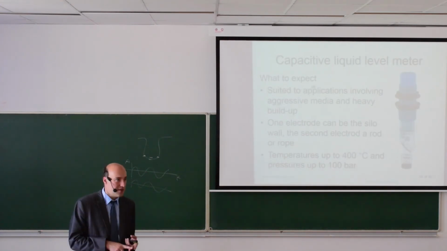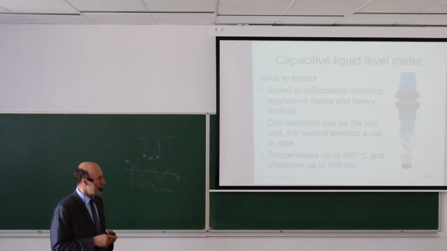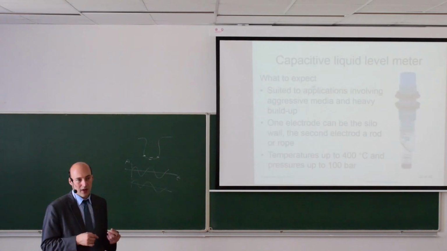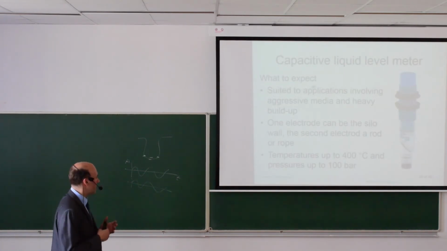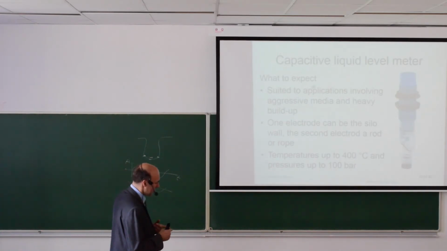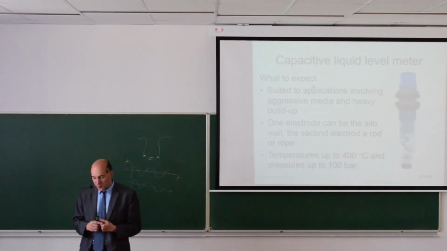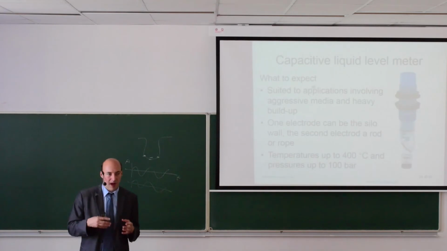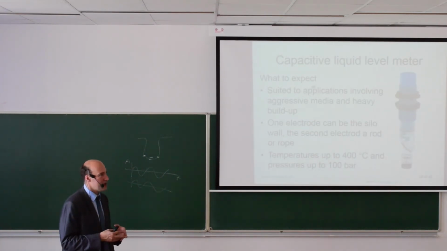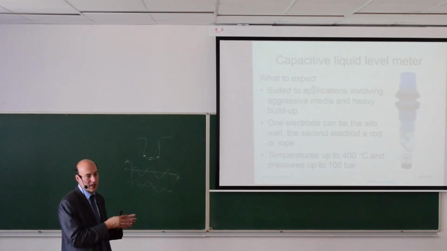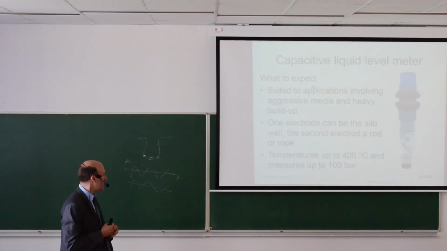You can make the rod from corrosion-resistant material like stainless steel, for example, or titanium. You can build the sensor in such a way that it's not sensitive to build up on the electrodes. So the material can stick on the electrode, but it will not be a problem.